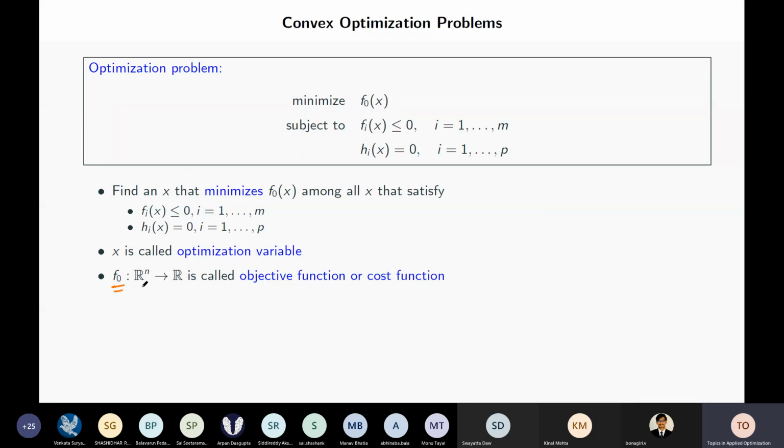F naught, as I said, is called the objective function, or the cost function or loss function, depending on where you are trying to use optimization. In an industrial setting, you have cost of transportation, manufacturing cost and so on, and you want to reduce the cost. Or you can formulate it as a profit function, so then you may want to maximize the profit.